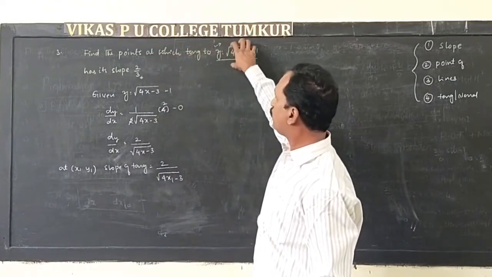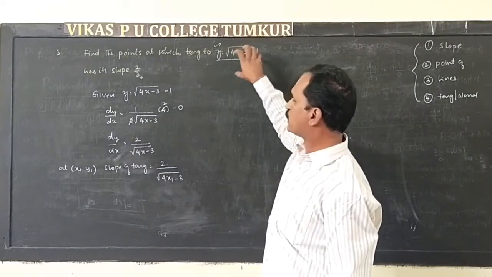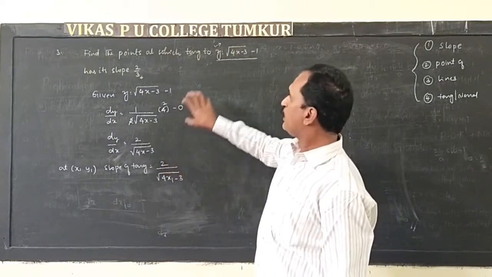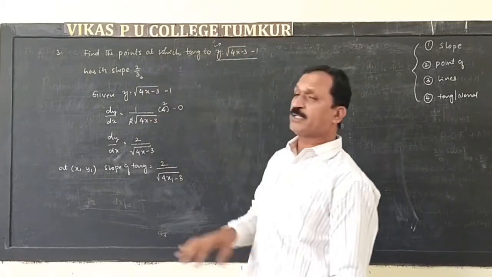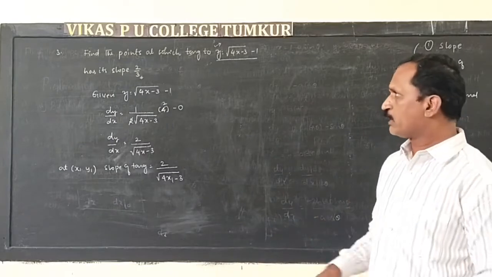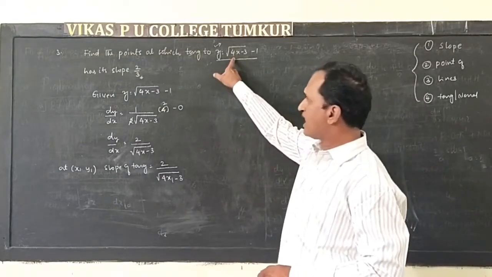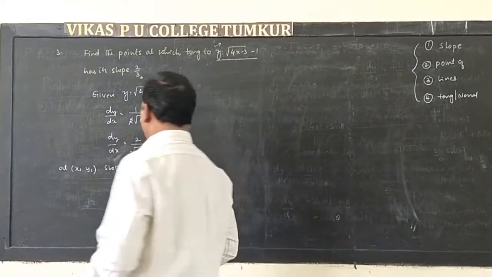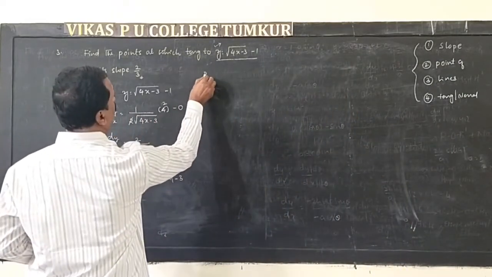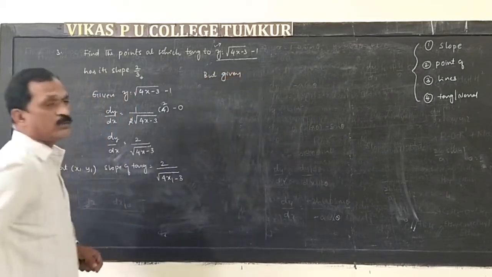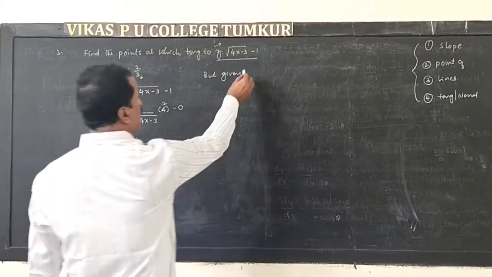I have calculated the slope for y is equal to root of 4x minus 3 minus 1, but they have given that the slope of this tangent is 2/3. Got it? So therefore the slope of the tangent is 2/3. But what is given to you? Given slope of tangent is 2/3.